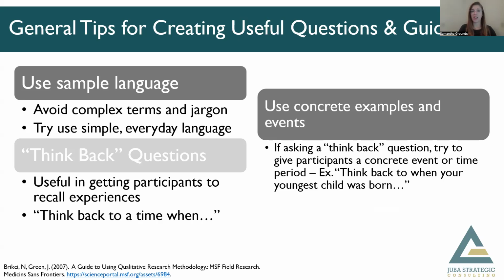In research, we often have very technical words that we use, jargon, technical definitions for things, and that's great for us as researchers, but it's really important when conducting qualitative research to simplify things and try to use very simple language and avoid some of the terms and jargon that might not be familiar to everyone. So to really focus on everyday conversational language.